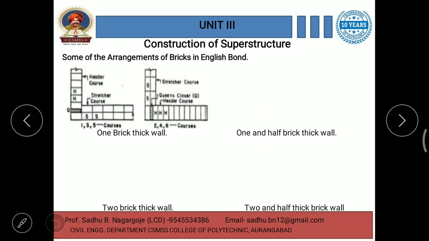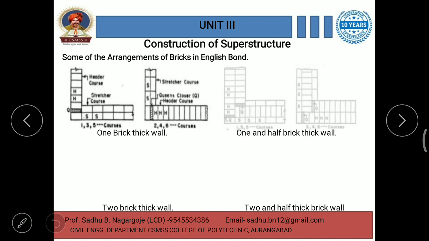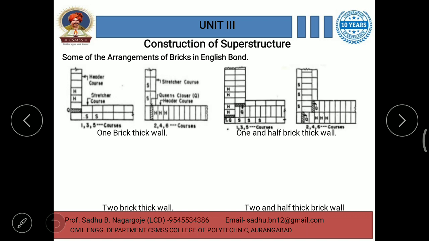Then some of the arrangements of bricks in English bond. The first figure shows a one brick thick wall. Here vertically you can see this is a one brick thick wall which has headers in the header course vertically and the stretcher course horizontally.